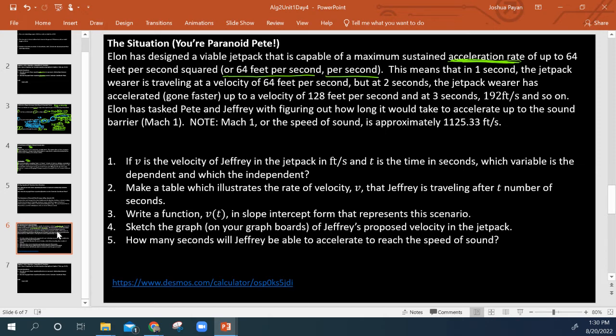Okay, so I'll let you read through what that means, right? So the jetpack wearer, we're trying to see how long it's going to take for them to reach Mach 1, the speed of sound.